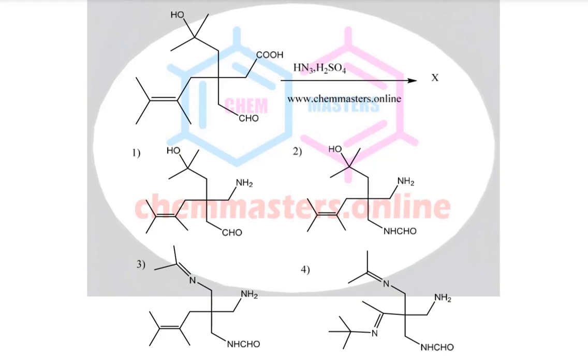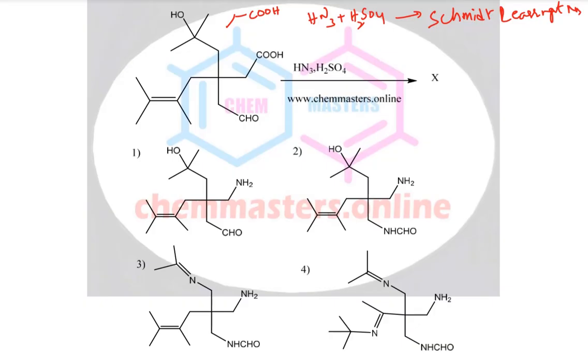Here, by just looking at the carboxylic acid functional group and HN3, that is hydrazoic acid, along with H2SO4, by this combination more than 90% of students easily know that the reaction is a Schmidt rearrangement reaction.